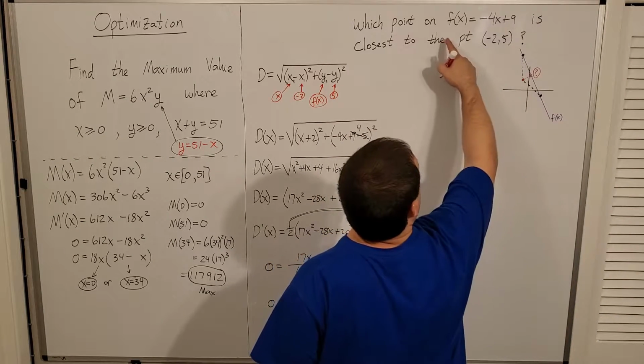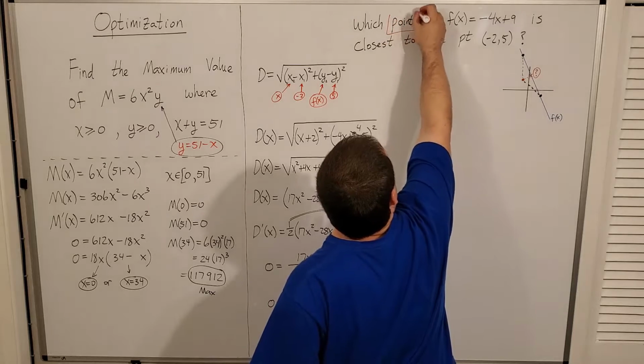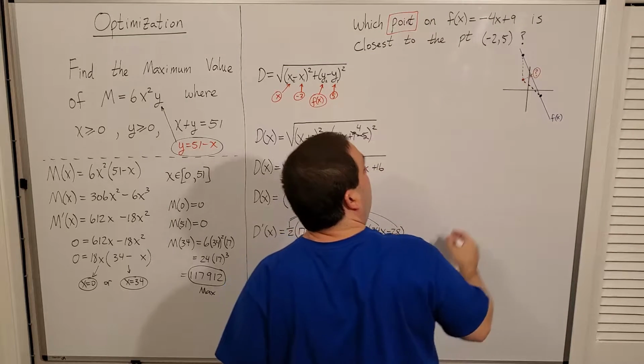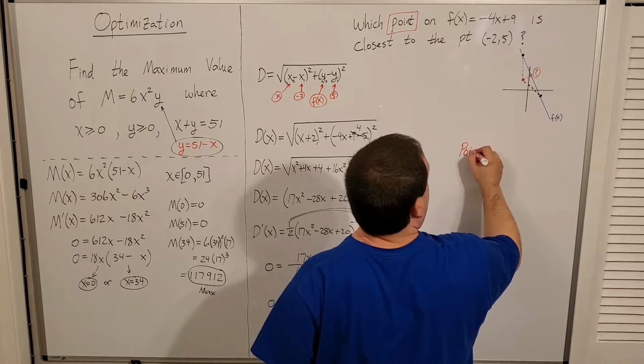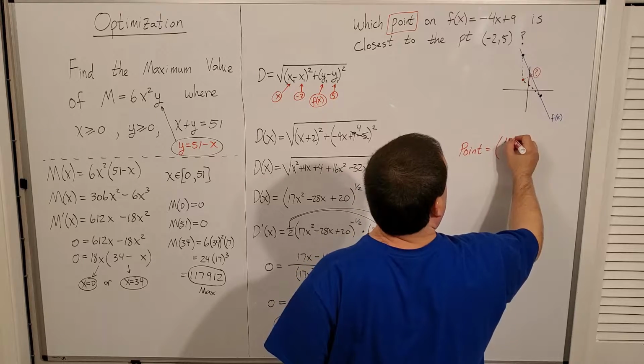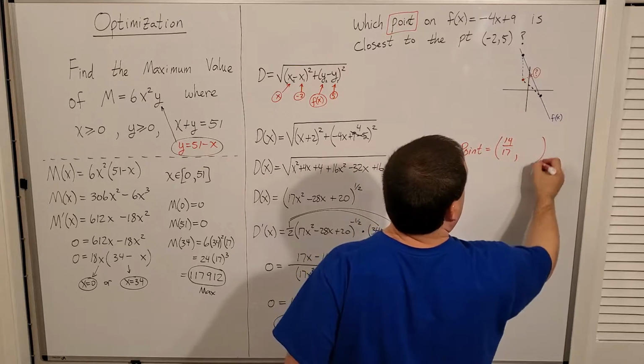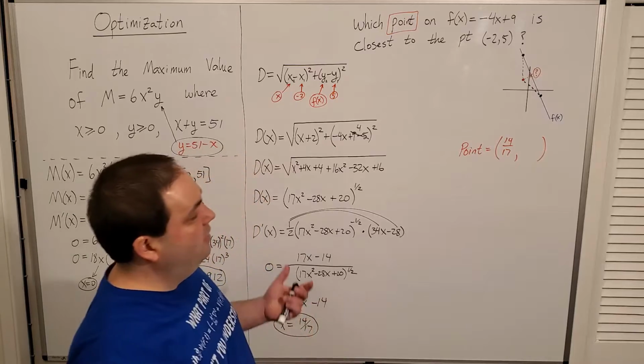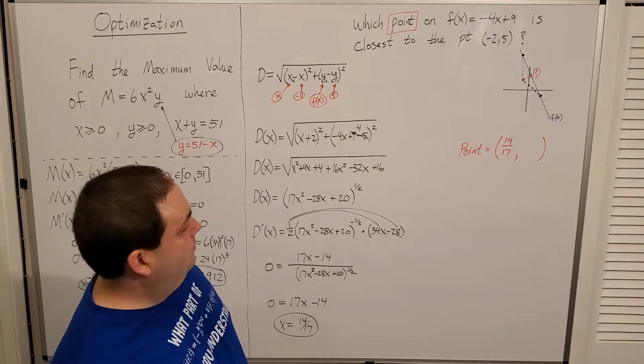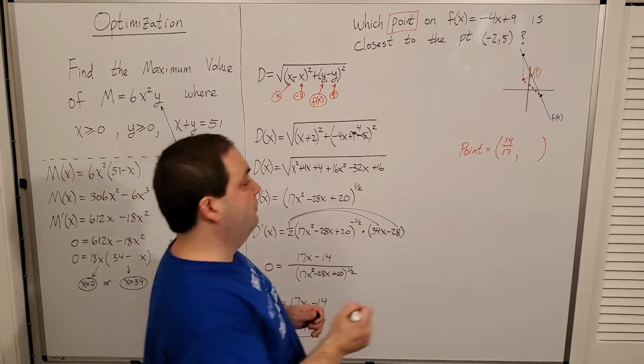It asked for the point, right? Which point on the function? So far I have 14 over 17. How do I find the y value that goes with that? Well, I just plug it into the function, right?